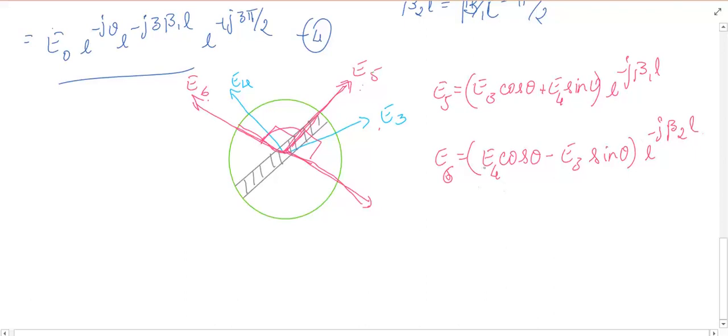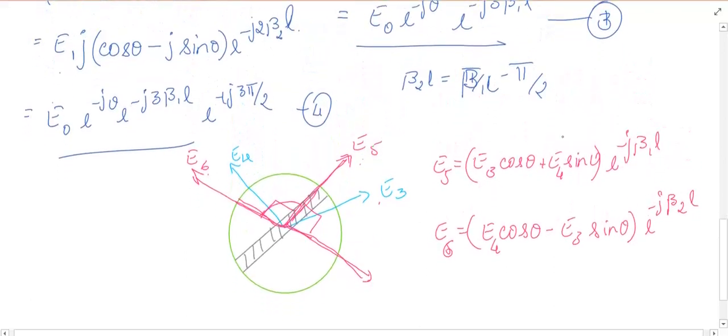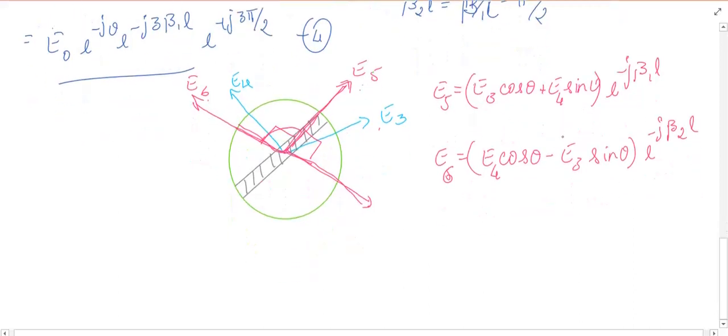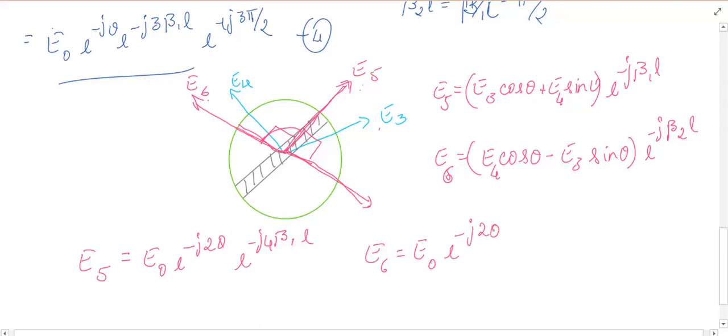Now you have to substitute for E3 and E4, which you have got from your previous equation number 3 and 4. Upon those substitutions and simplification, you will end up with the equation that E5 is equal to E naught e to the power minus j2 theta e to the power minus j4 beta 1L, and E6 is equal to E naught e to the power minus j2 theta e to the power minus j4 beta 1L.